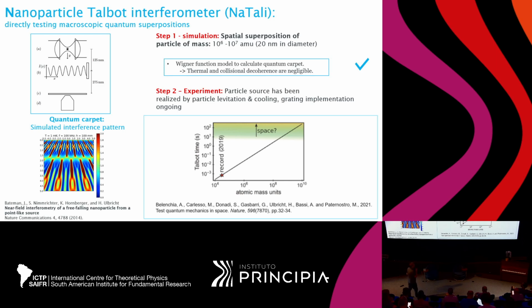You see, if you want to have a Talbot time of some seconds, which you need for 10 to the 8 atomic mass units, so 100 million atomic mass units, that is 10 to the minus 21 kilograms, then you're limited already by your free fall time on Earth, if you don't want to build a 100-meter long experiment where you have sufficient drop time. So this is maybe something where you have to go into space, and I will talk about the space stuff. I will look into options for how to optimize, how to maximize, how to extend this free evolution time in these experiments.